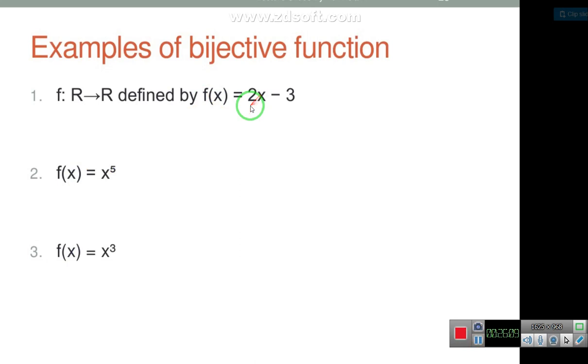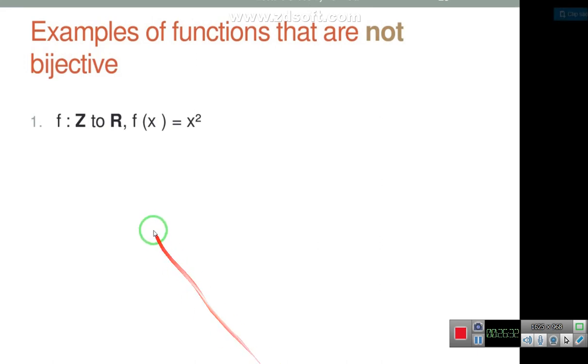Now this is an example of a bijection function: 2x minus 3. If you put in different values of x, you will have a one-to-one function as well as an onto function. Again the same. This one is not a bijection function.